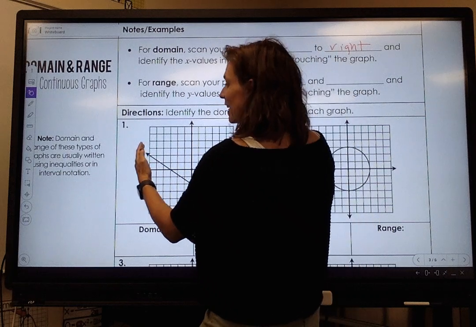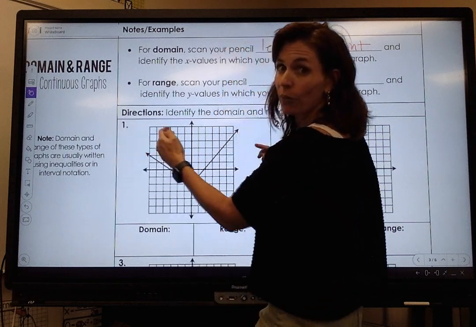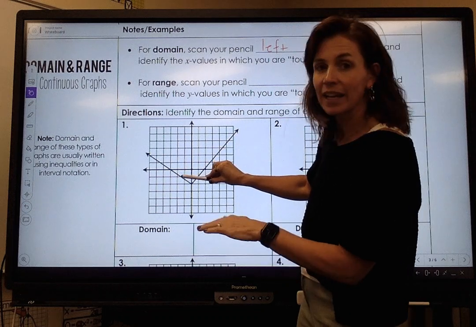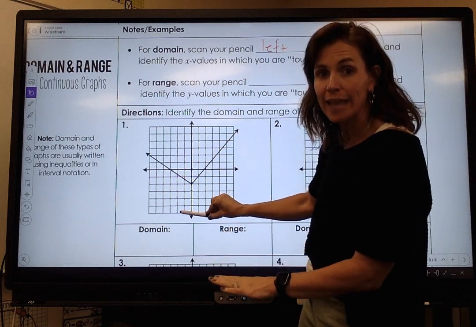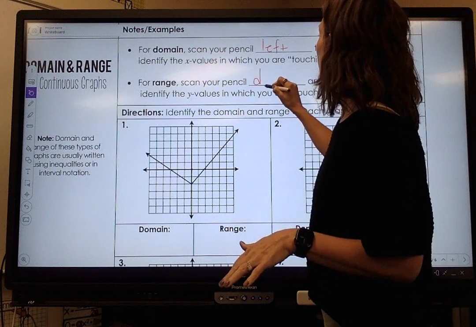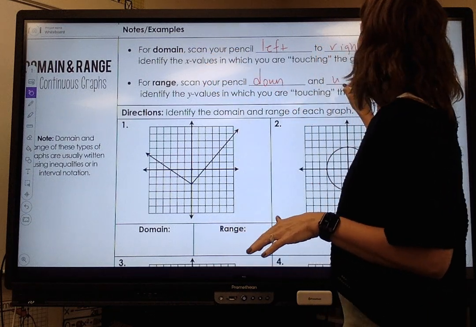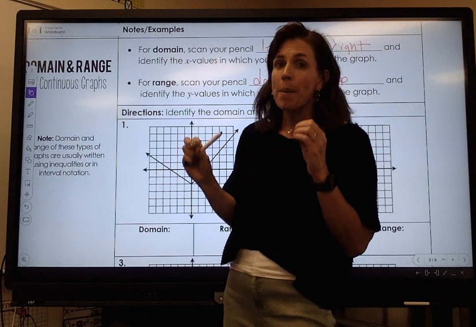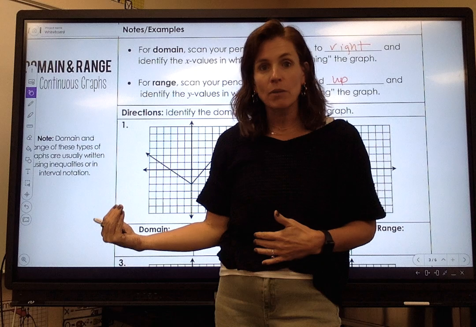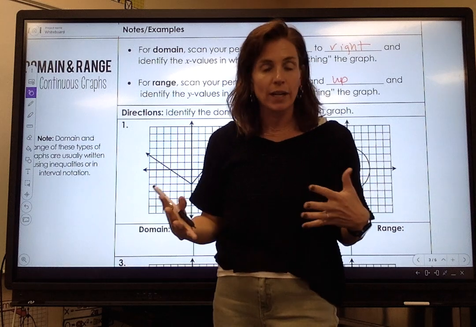So if I extended this graph all the way left and all the way right, what would touch the graph? For range, it's scanning the pencil all the way down and all the way up. So you scan your pencil down and up. Remember, in math, we always go from least to greatest. It's the same thing with the continuous graph, least to greatest.